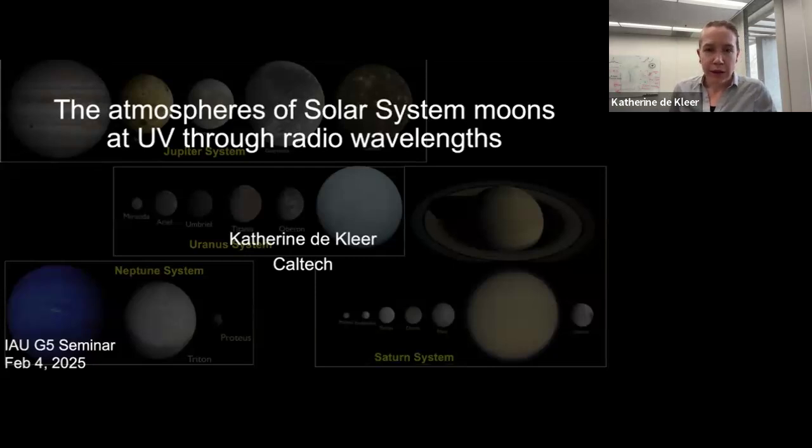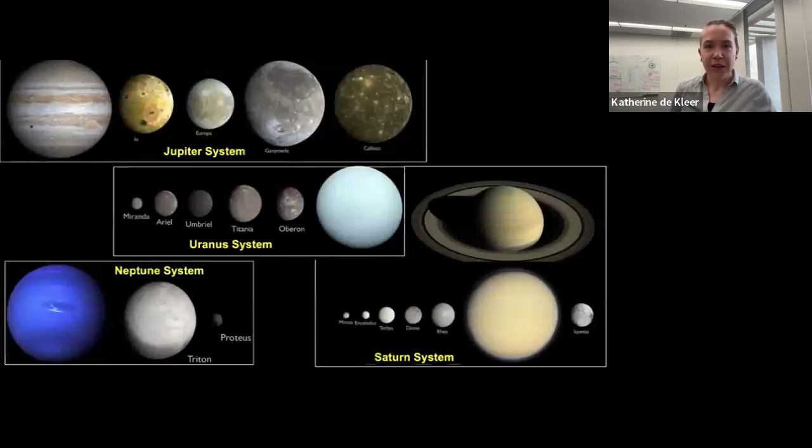So our solar system gives us essentially four major planet and moon systems in the outer solar system from which to understand moons, how they form, how they evolve, and the processes at work on them. You can tell, just by looking at these images, the great diversity of moons in the solar system.